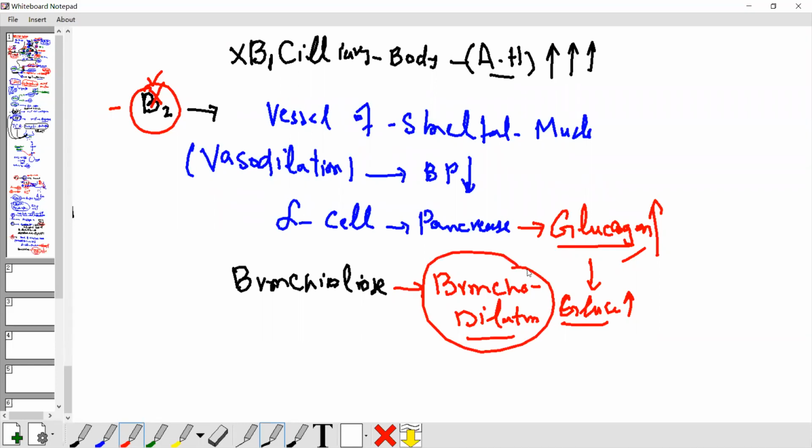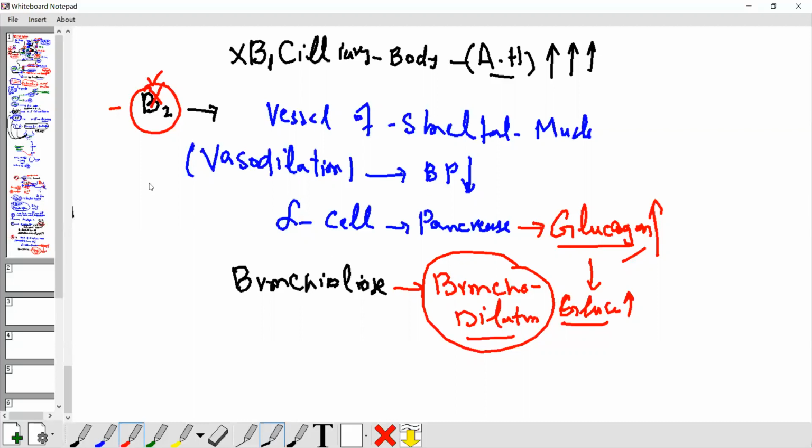So now you tell me, a patient having asthma also comes to you having diabetes and hypertension. If you want to use a beta blocker, you must take care of asthma. If the patient has any cardiac issue, hypertension, angina, MI, and also has asthma, you must take care about asthma if you want to use a beta blocker. Understand?